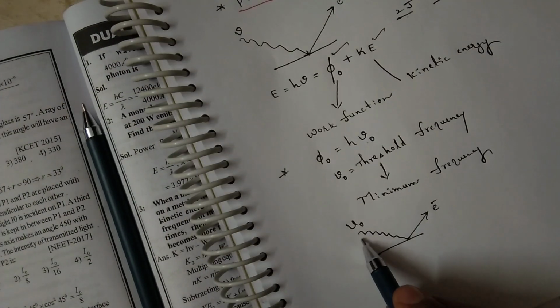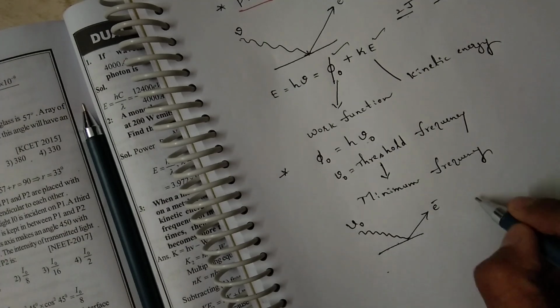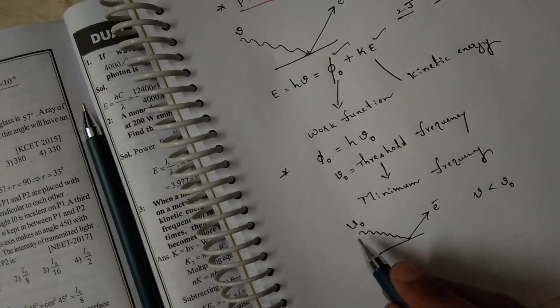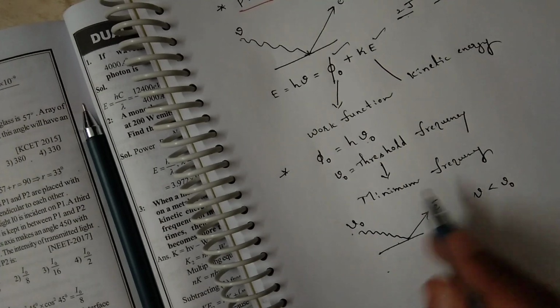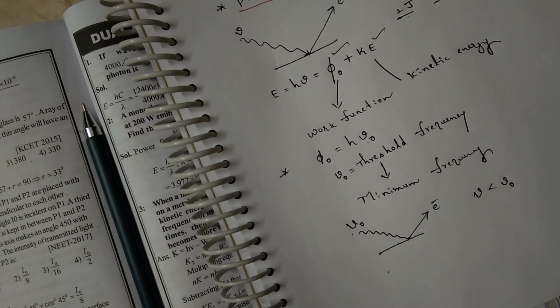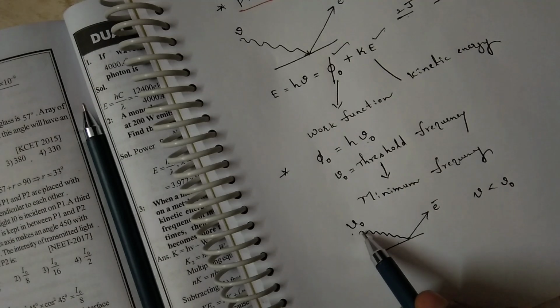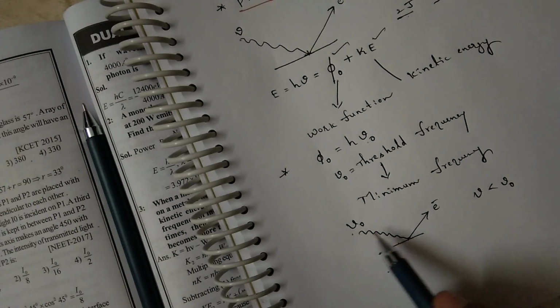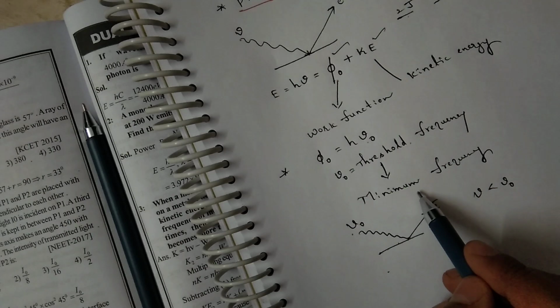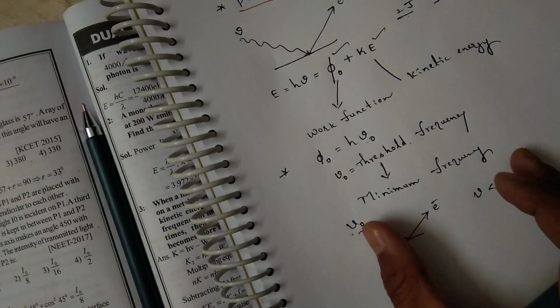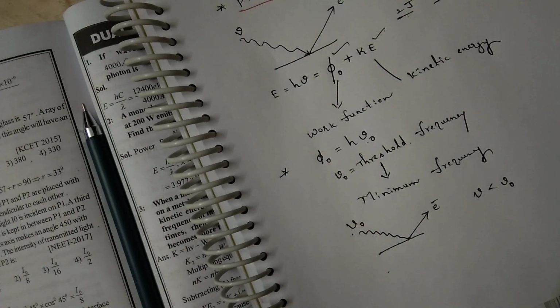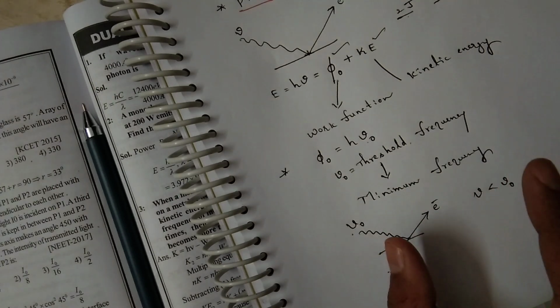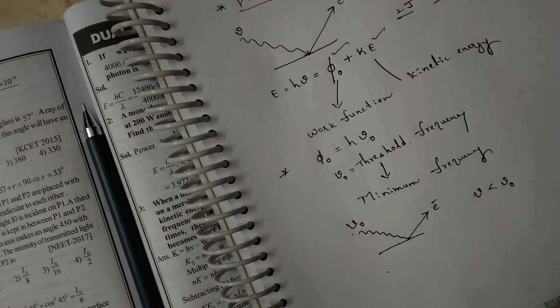If the frequency of the radiation is less than nu naught, that is, less than the threshold frequency, then there is no photoelectric effect. So nu naught is the threshold frequency, the minimum frequency for which the photoelectric effect takes place.